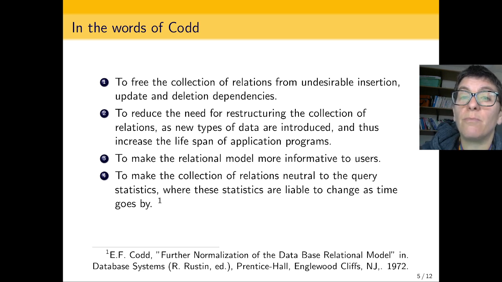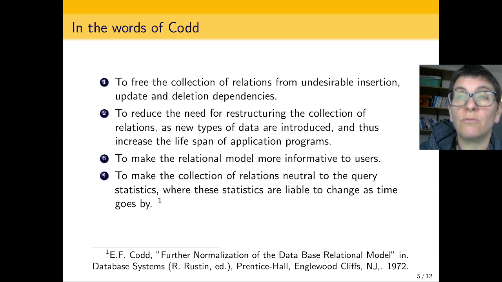By normalisation, what we do is we get rid of the possibility of insertion, update and deletion dependencies. We reduce the need for restructuring the collection as new types of data are introduced. So if we know that our data is organised and we need to add another data source or another type of thing, because we know that the original data is normalised, adding new data is much more straightforward.